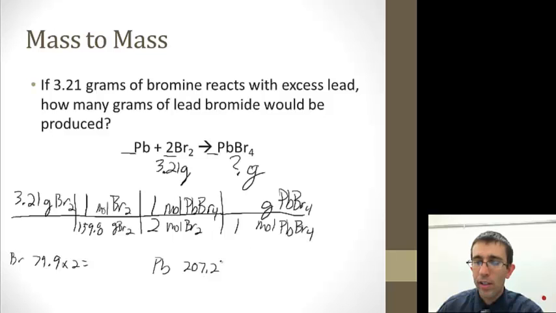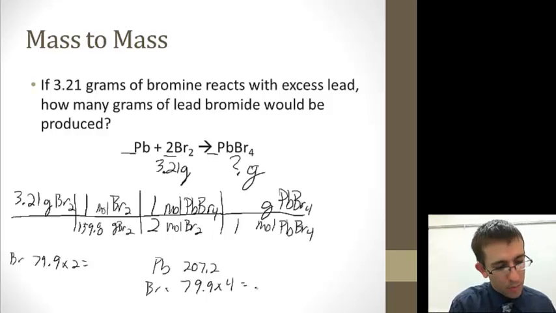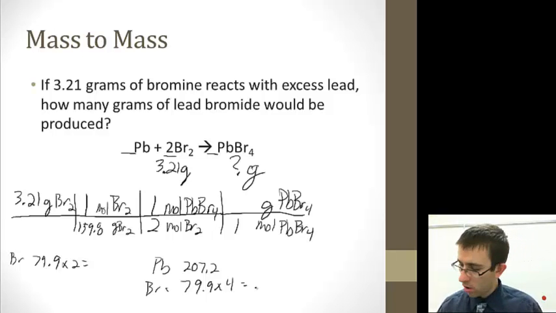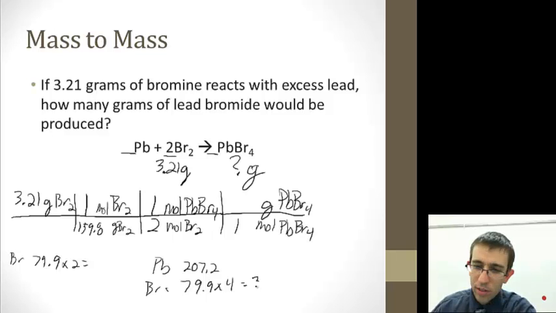There's only 1 lead in here, so that stays. We found bromine a couple minutes ago. It's right here at 79.9. This time there are 4. So 79.9 times 4, we get 319.6.